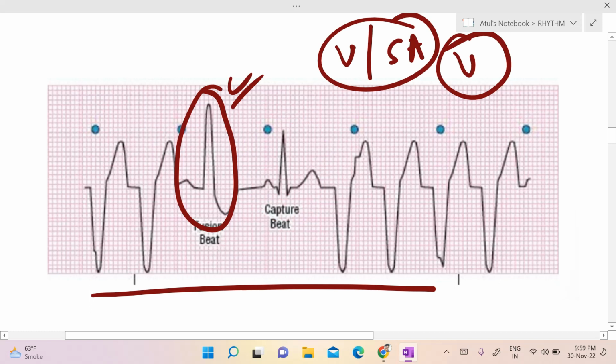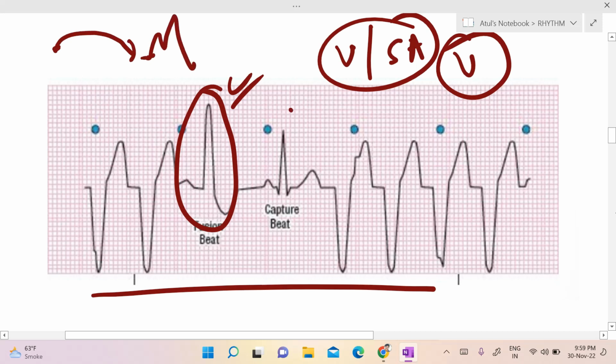Actually, what happens during ventricular tachycardia is that sometimes the SA nodal impulse captures the ventricle at a time when it is not refractory and can be stimulated. The SA node is regularly generating impulses, but they cannot reach the ventricle because the ventricle is already stimulated by the ventricular focus firing at a very fast rate. But in between, sometimes the SA nodal impulse reaches the ventricle when it is not refractory and generates a normal ventricular complex.